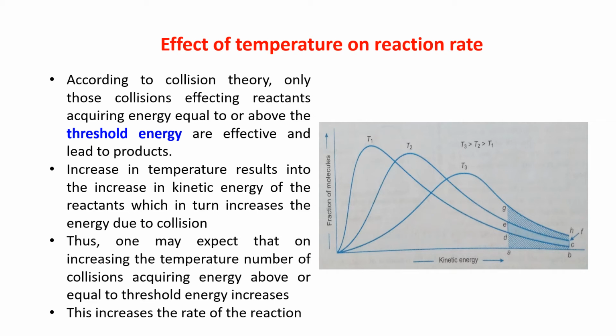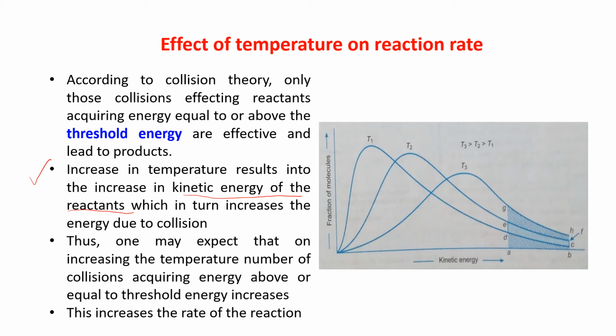So if we increase the temperature, what will happen? Increase in temperature results in an increase in kinetic energy of the reactants, which in turn increases the energy due to collision. I explained this to you. If we increase the temperature, the kinetic energy of the reactants will also increase, and the reactants can move faster.